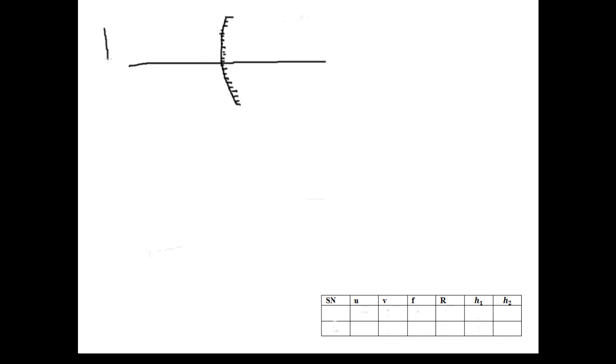The object is at infinity. Any ray parallel to the principal axis, after reflection, will pass through focus.